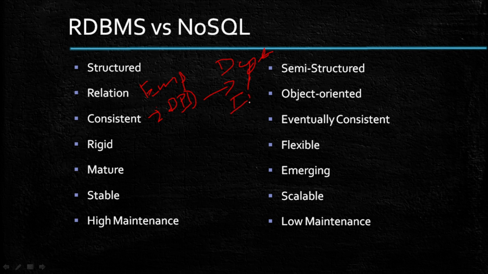The primary key is ID. So this relation is present inside the SQL database, but it will not be present in NoSQL. It supports object-oriented. Now data will be consistent in the SQL database, but on the other hand, in NoSQL the data are eventually consistent.